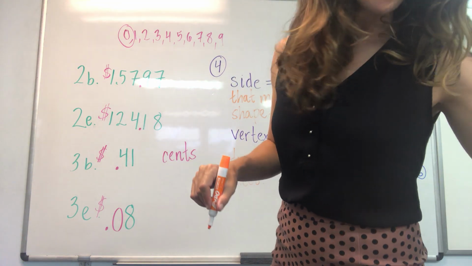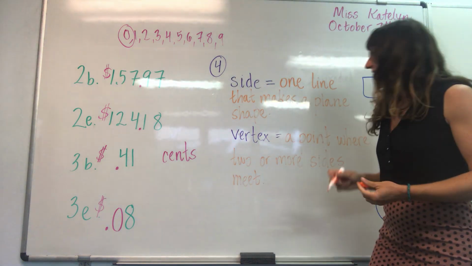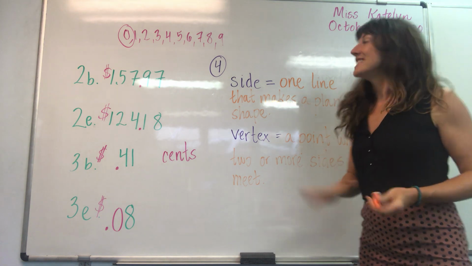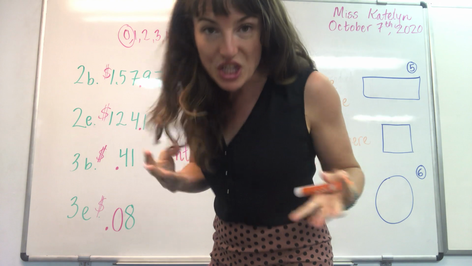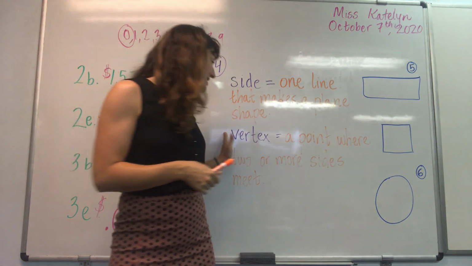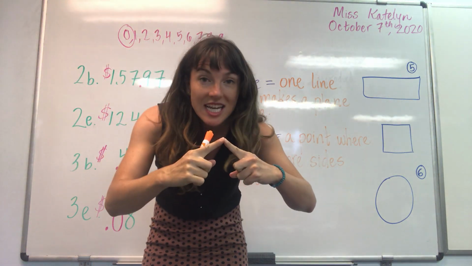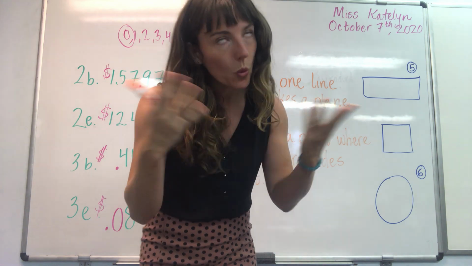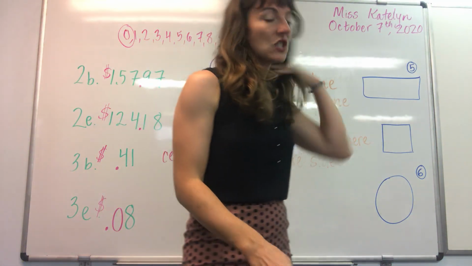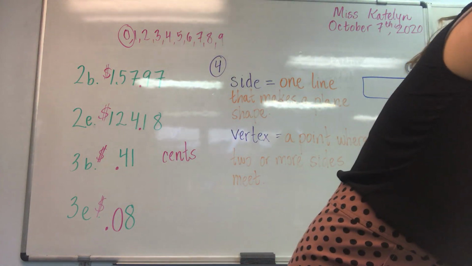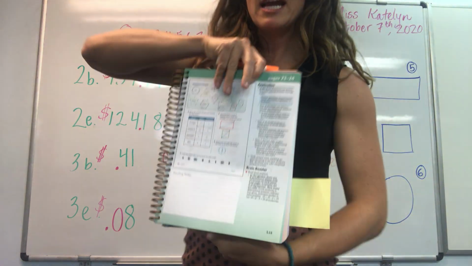Yum, yum, carnivore. Okay, so they want you to count the sides. A side is one line that makes up these geometric shapes, and a vertex is a point where two or more lines meet.